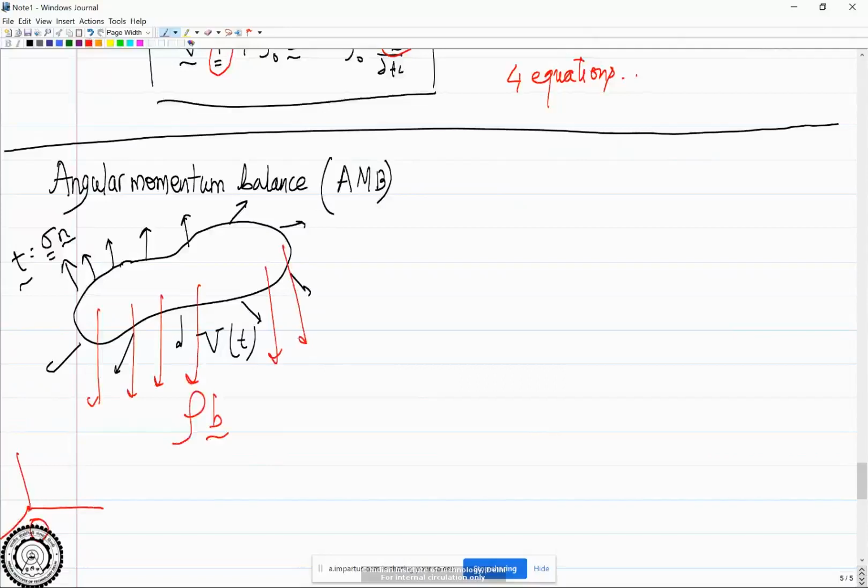So what does the angular momentum balance equation tell us? It is very simple: d by dt of the rate of change of angular momentum, which we denote by h, of the system about the point O, is equal to the net external moment about the point O. So this is a simple form. There are many different forms of angular momentum. It is not so easy.